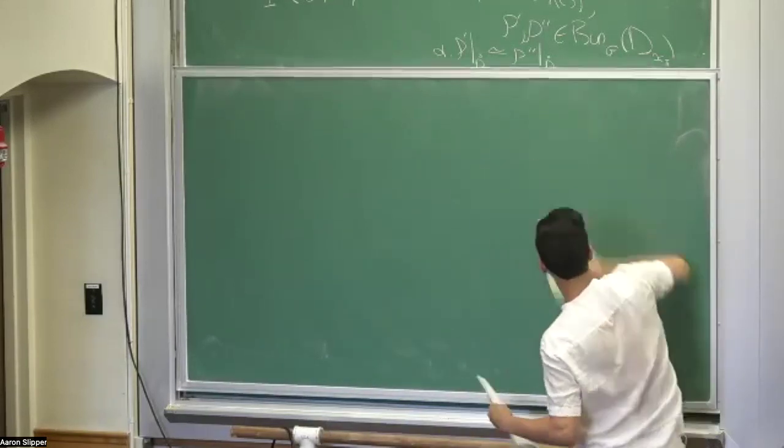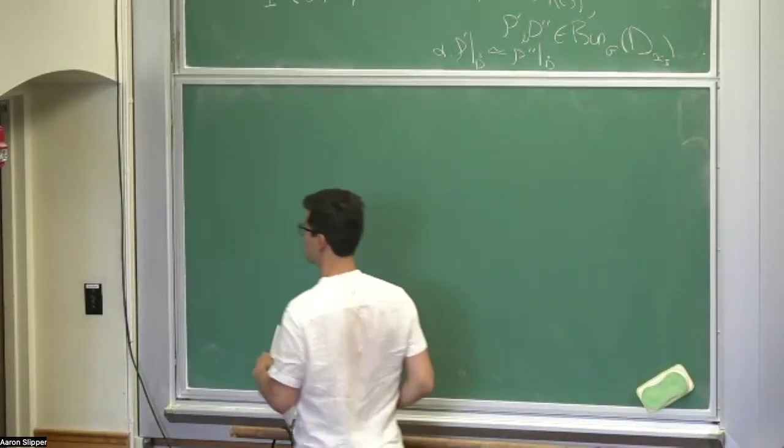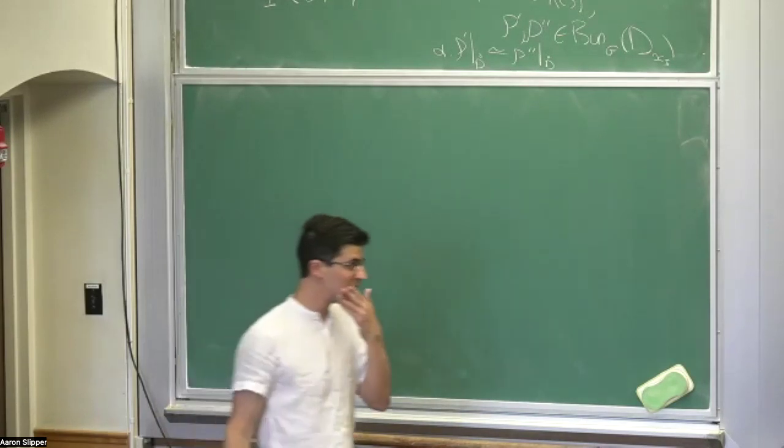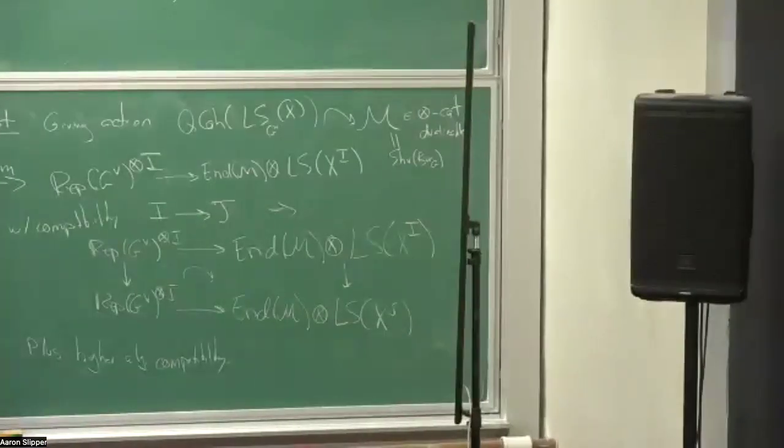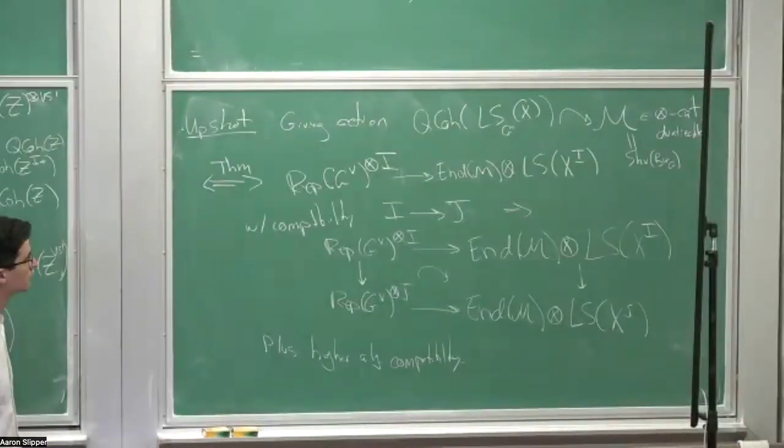Can I ask a real stupid question? Why do you need to use all collections of finite points on this side? If we have it for just I equals 1, is it obvious that it doesn't suffice, that there's not a unique extension to all the higher powers?